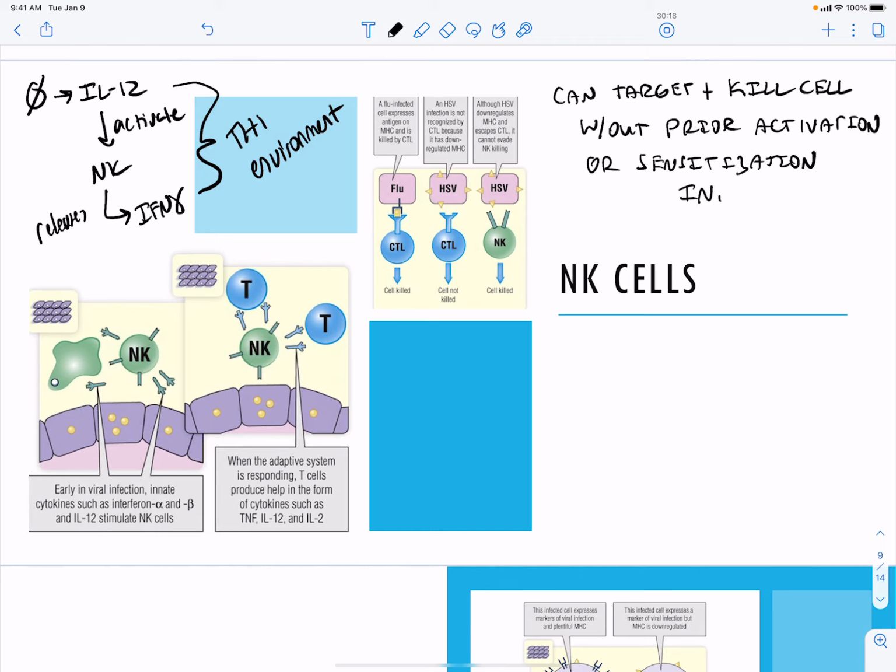They are, of course, innate, with no specificity. T cells have to be activated. Mast cells have to be sensitized with IgE. Natural killer cells need neither.